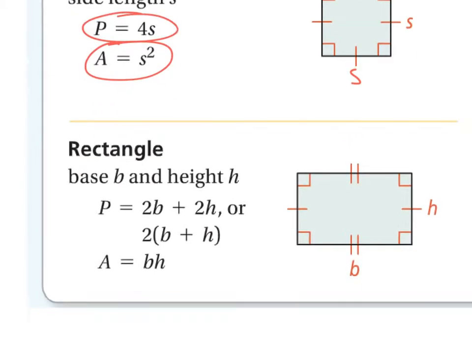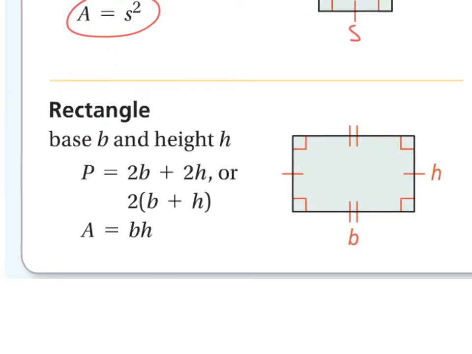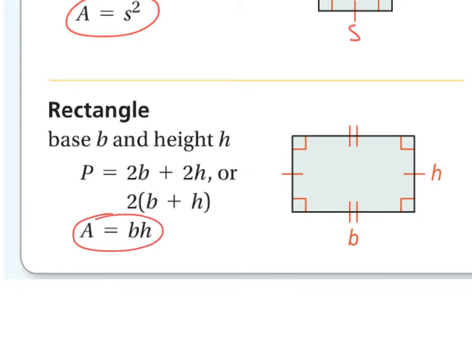Moving on to the rectangle. For a rectangle now, again, we have our regular area formula for a rectangle, base times height. Okay. But perimeter, yes, you can still just say those 4 sides added up give you the perimeter. But in a rectangle, 2 sets of sides are going to be congruent.